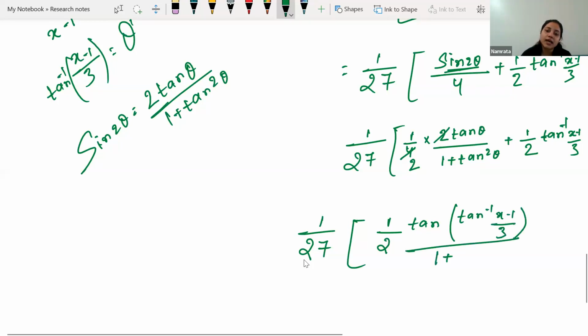Here also 1 plus tan square theta. We can write it as tan theta's whole square. It's the same thing. Sin square theta means sin theta's complete bracket to the power 2. So I'm going to write tan theta's complete square. That means tan theta will be tan of tan inverse.